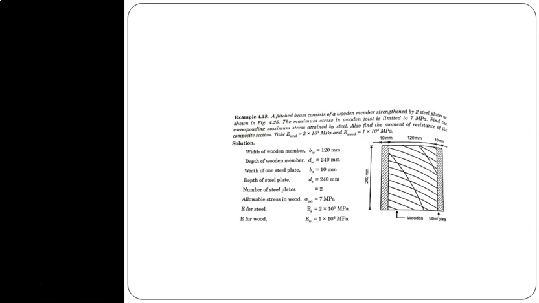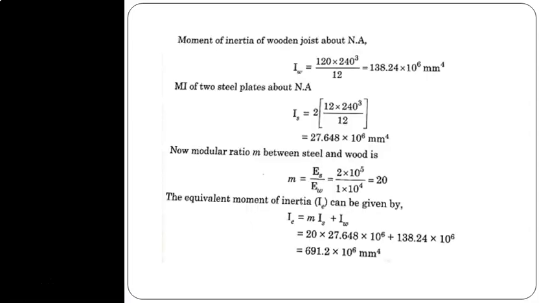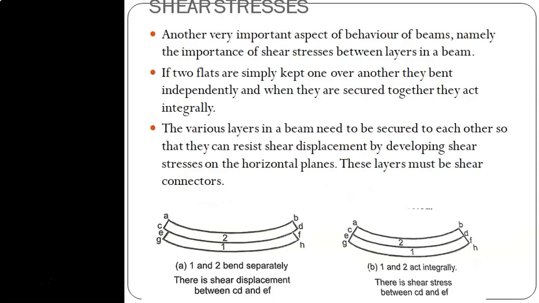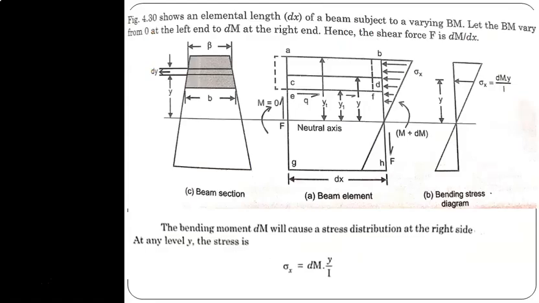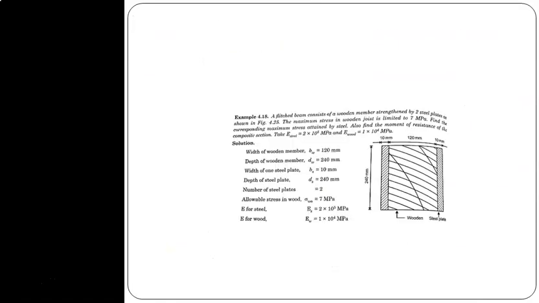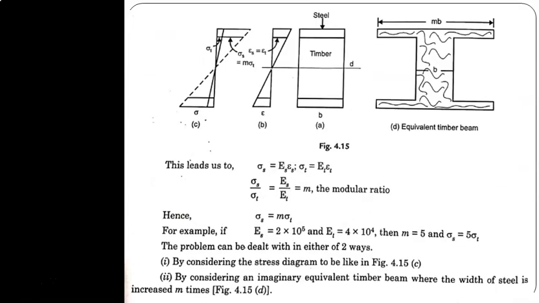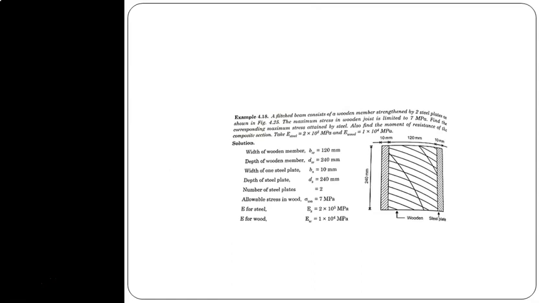So let us have a small problem. A flitched beam consists of a wooden member strengthened by two steel plates shown in figure 4.25.